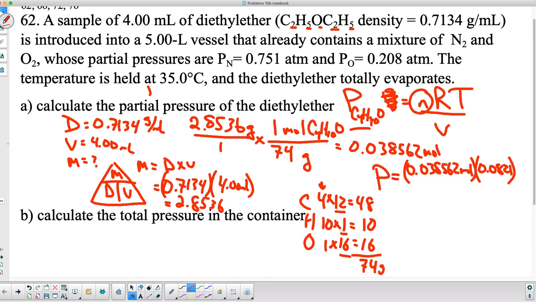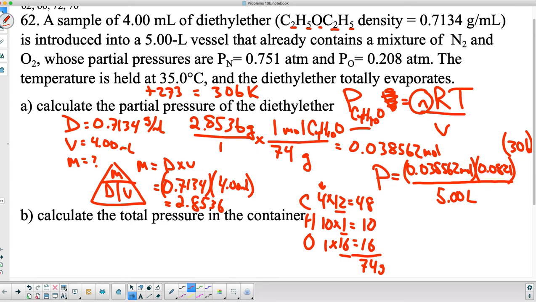Now my temperature is just plus 273, so 35 plus 273 is 306 Kelvin. I have to change it to 306 Kelvin because we need Kelvin for the ideal gas law, and the whole thing is a 5-liter vessel, which is my V.